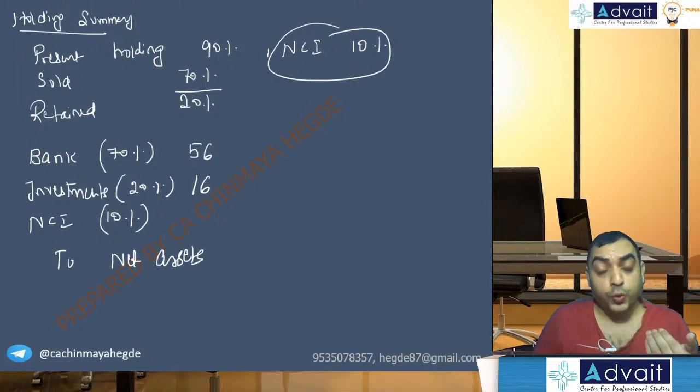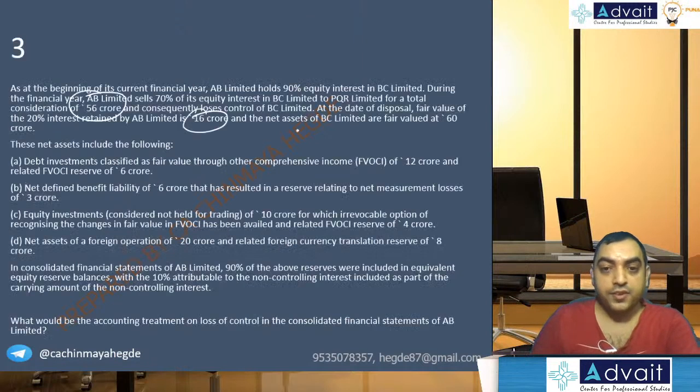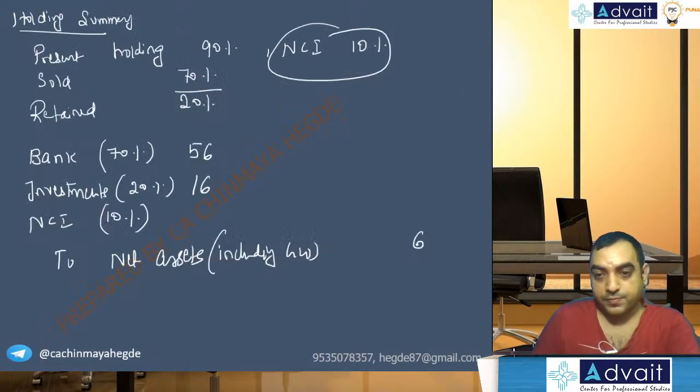Ideally we should have written credit goodwill, no information on goodwill, so I will say including goodwill, then credit whatever the profit or loss. Okay, how much is net assets? Net assets of BC Limited, fair value of 60 crores, and 10% means that comes to 6 crores.